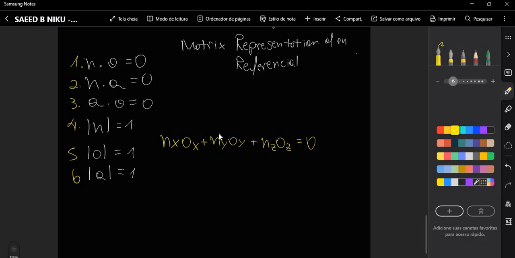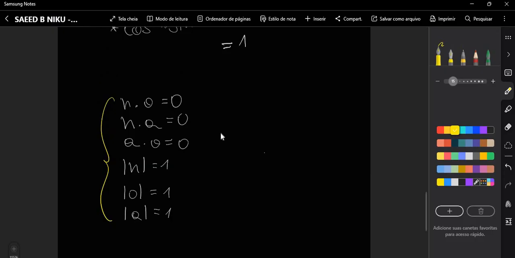Exactly because of this, they are mutually orthogonal.